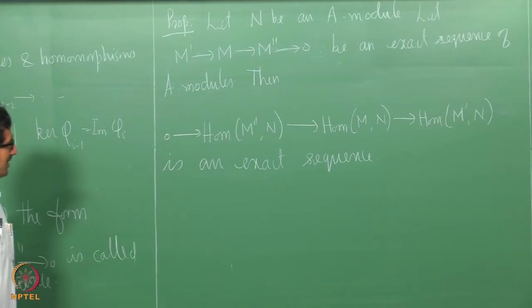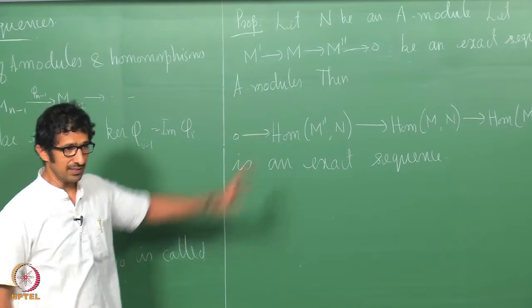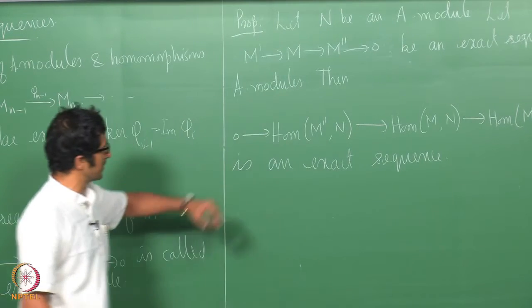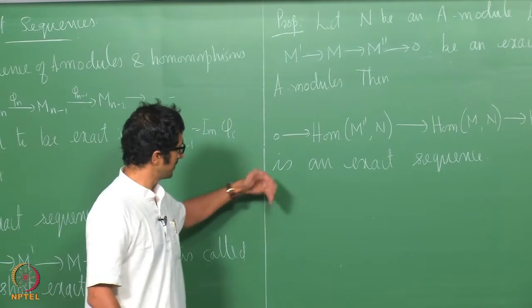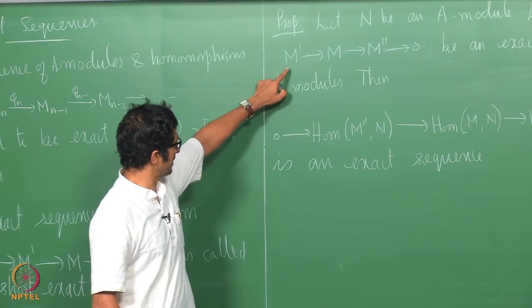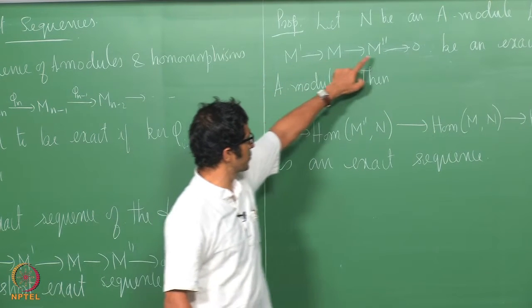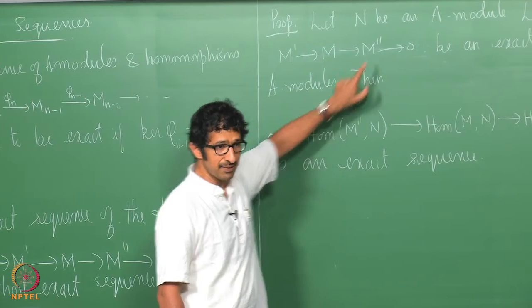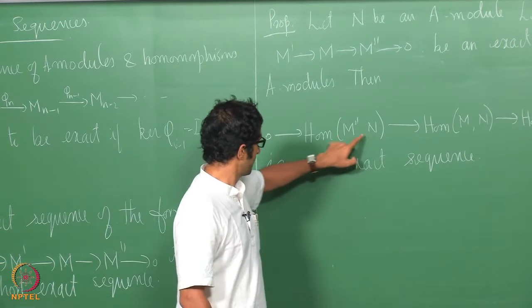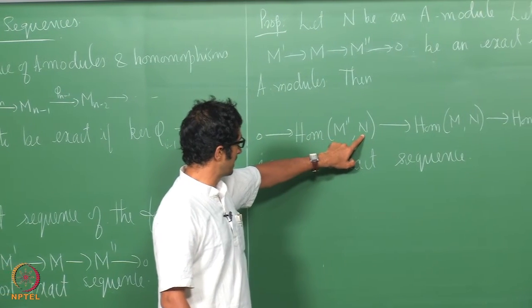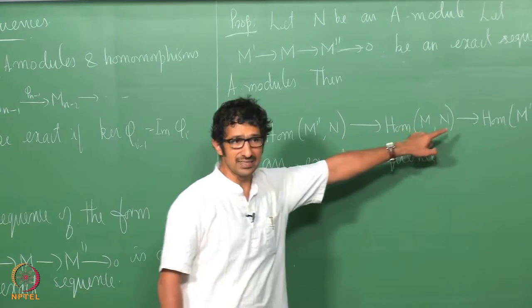We have the other one as well, that I will come to next. If I have 0 to N prime to N to N double prime, then Hom(M, N double prime) is again exact.